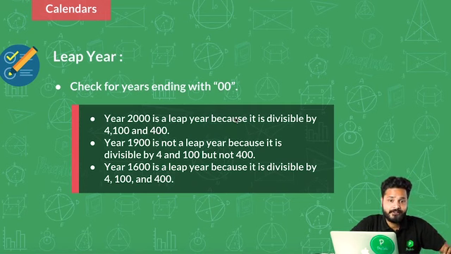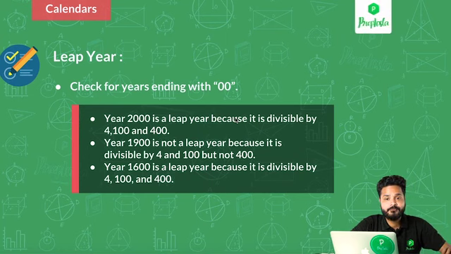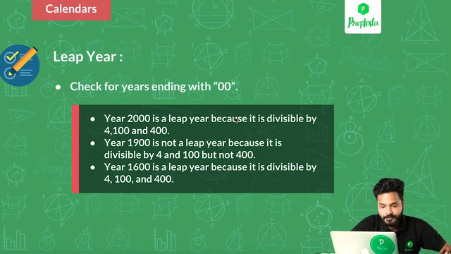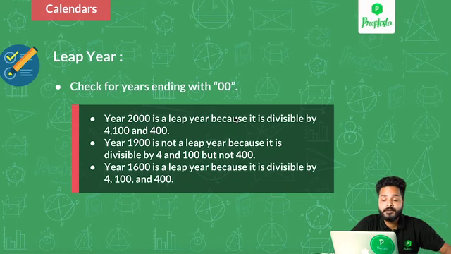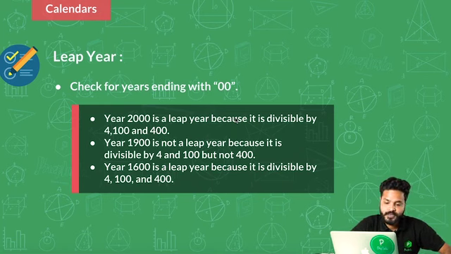But also you have to check if the year is divisible by 400 or not. So year 1900, it is divisible by 4, it is divisible by 100, but it is not divisible by 400, so 1900 is not a leap year. 1600 is a leap year because it is divisible by 4, it is divisible by 100 and 400 as well. So 1600 is a leap year.